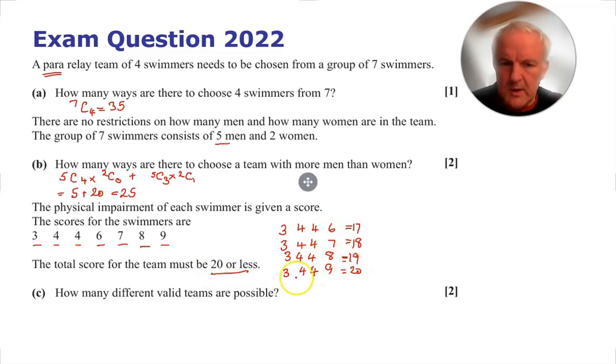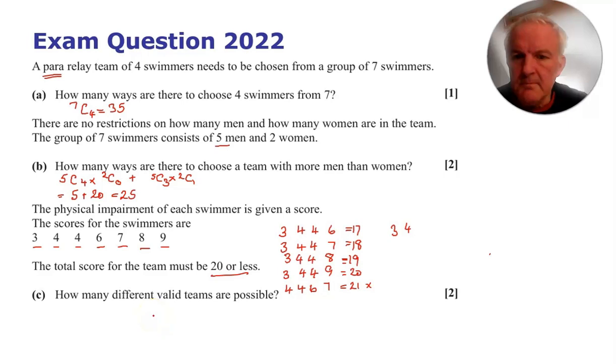What else could I do? Well, if I don't have the 3, I start getting bigger numbers quite quickly. I get a 4, a 4, a 6, and a 7. Now that is too big. I think I've got to have my 3. So the only thing I can take out is one of my 4s. 3, 4, then we need the 6 and the 7.